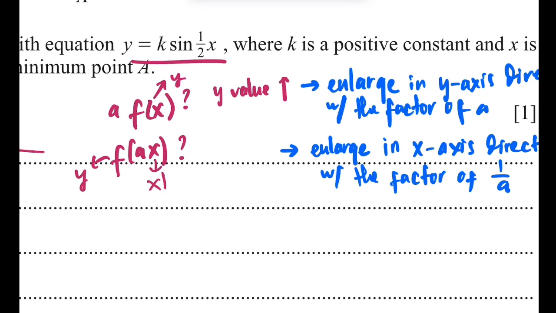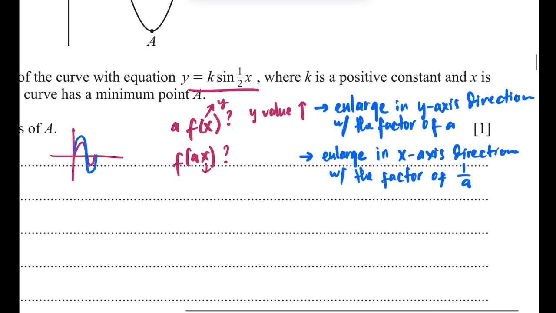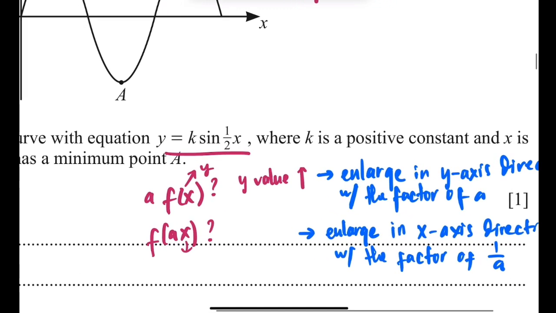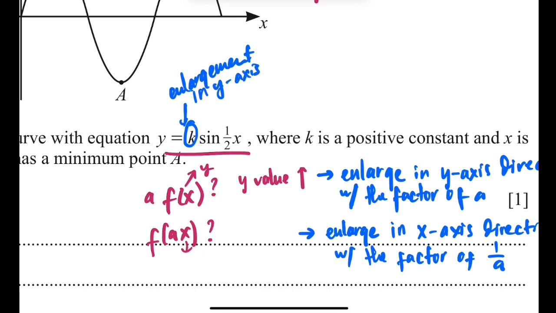So for x, it is in reverse relationship with the previous transformation, unlike the previous one. Okay, so let's see in this case. We have k here. K here is the transformation enlargement in the y-axis direction. This one is in the x-axis direction.